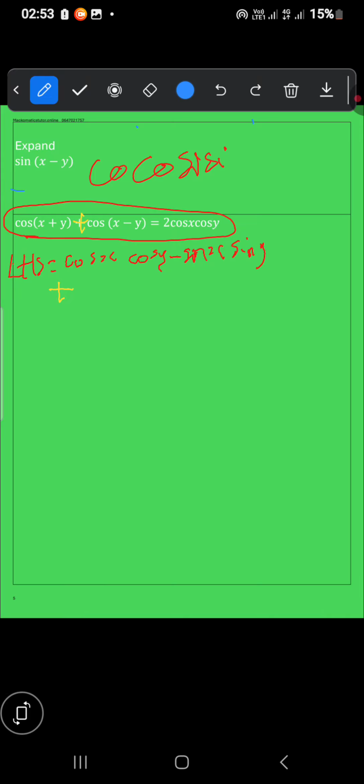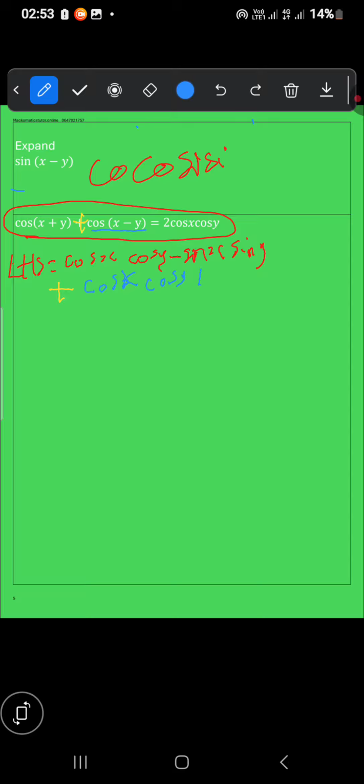The other cos here, I expand it. This is cos x cos y. If you're adding angles for cos, then you must be adding.